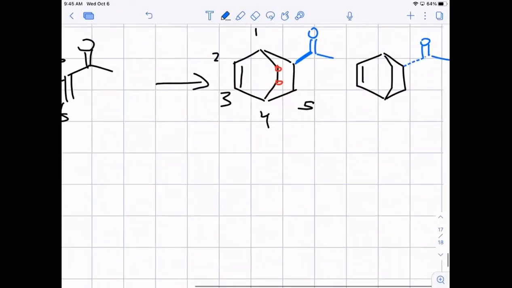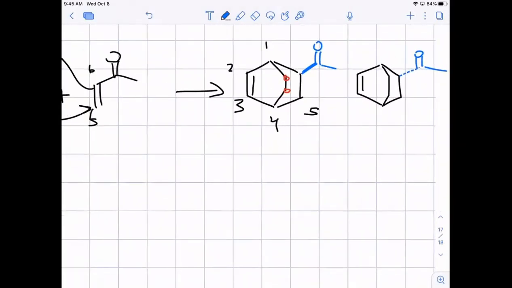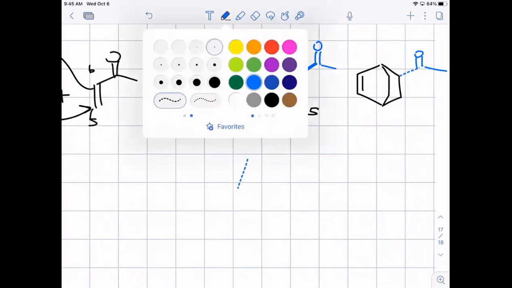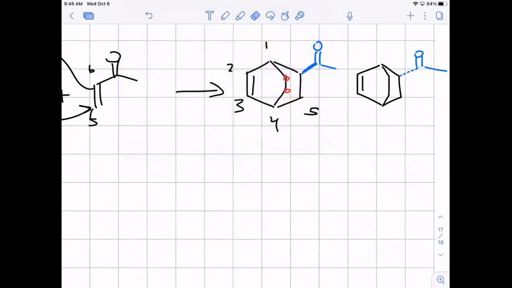Now, if we drew these in 3D, this is what it would look like. I'm going to draw this out like this. With one of these, you're going to have the carbonyl here.